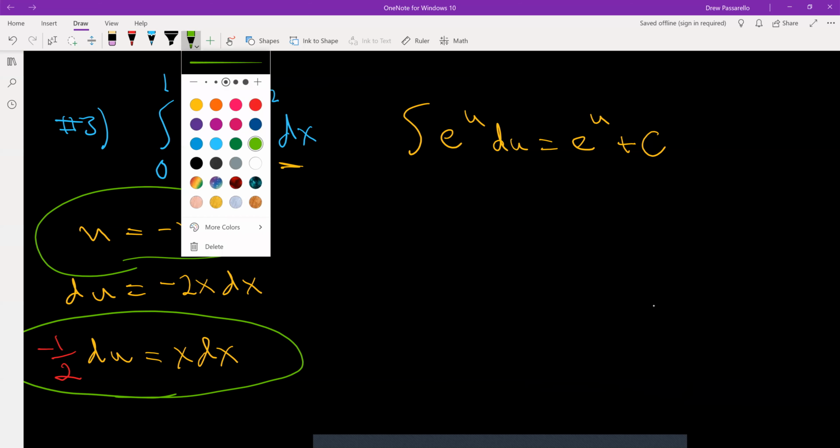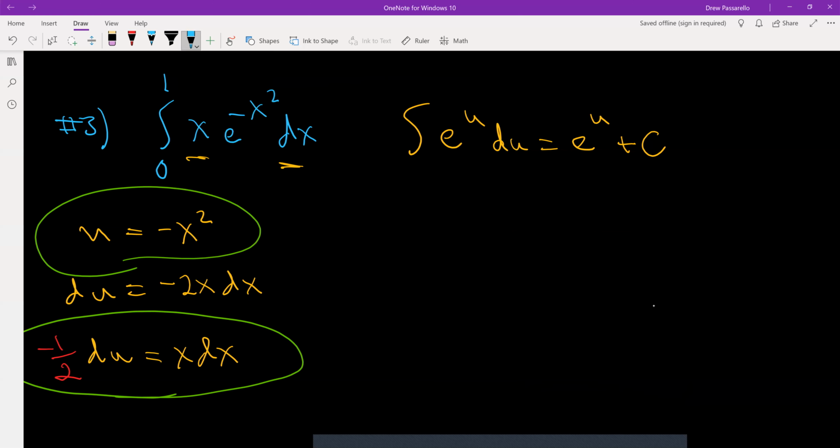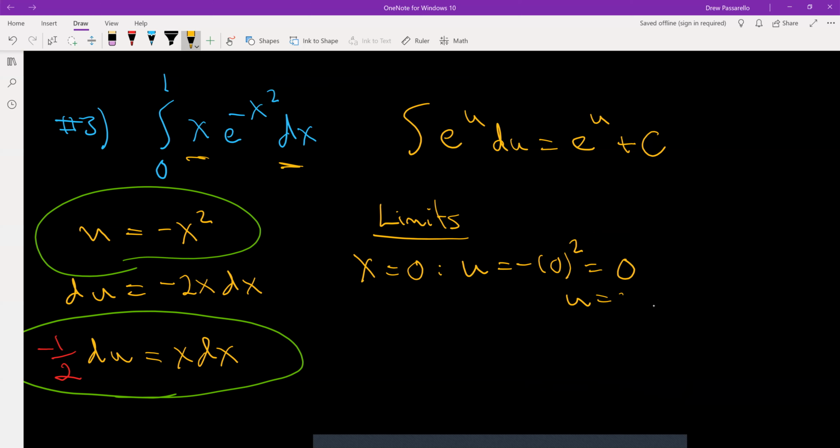Then I got to change the limits of integration. So the first one is 0. So when x is 0, u is going to be 0 because it's negative 0 squared. And then when x is 1, u is equal to negative 1 squared. So the negative sign's outside of the parentheses, so it is going to be negative 1.